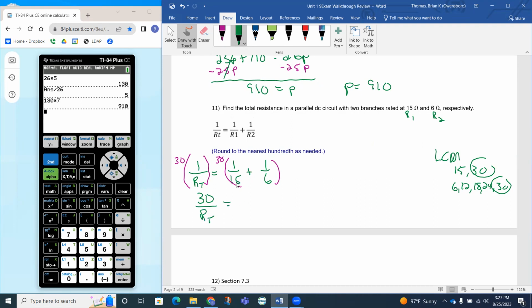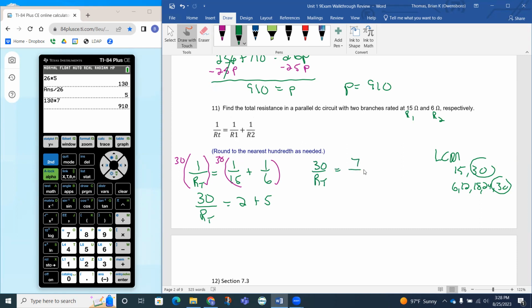And that's going to equal then, notice how this 15 is going to cancel into the 30 with a 2. 2 times 1 is going to be a 2 there. And then you multiply 30 times this 1 over 6. The 6 is going to go into 30 five times, and then 5 times 1 is 5. So I can rewrite this as 30 over total resistance, and 2 plus 5 is 7.